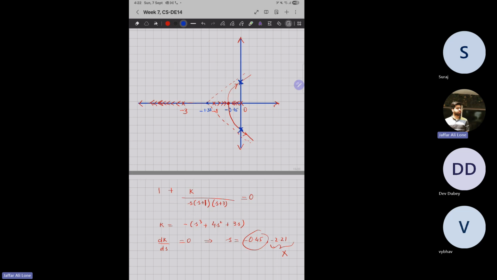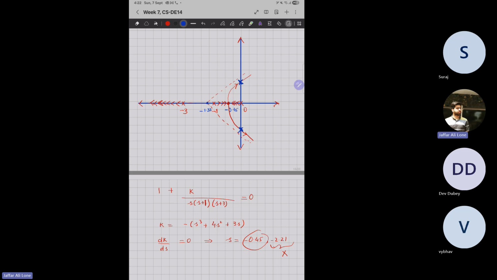So basically, I'm revising it again. If you are asked to find the intersection of root locus with the imaginary axis, what you will do is you will find the characteristic equation, make the Routh array, then find the value of k for which the system is marginally stable. Then from that k, you put the value of that k in the auxiliary equation, solve for s, and those values of s will give you the intersection with the imaginary axis, right?